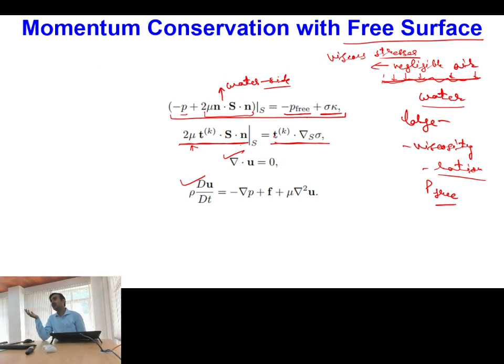You can also use it in a half filled pipe if you don't want to see the velocity profile in the air. If the air is above the water in the pipe and you are not interested in the dynamics of the air, then you can do this.